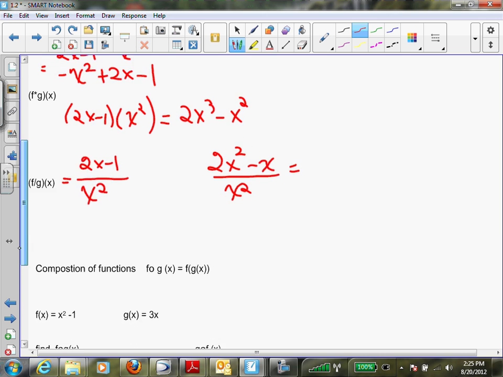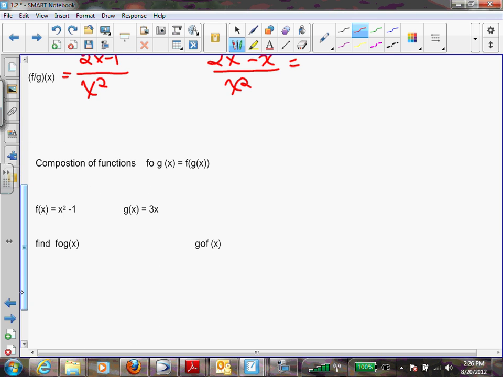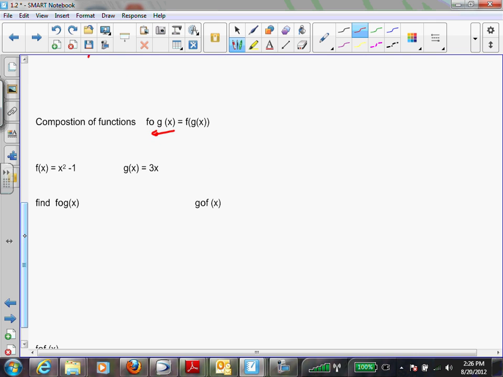All right, compositions. You got this little circle. And what that's telling you to do, if you read from right to left, is put the g function into the f function, or the f of x. Okay? So I want, into my f function, I want my g function. What's my g function? So I'm substituting in 3x into the f function.